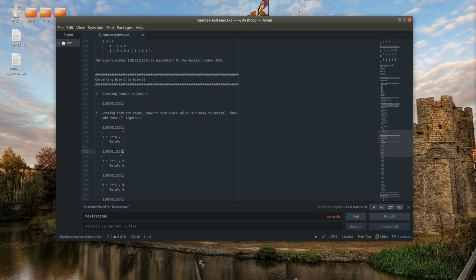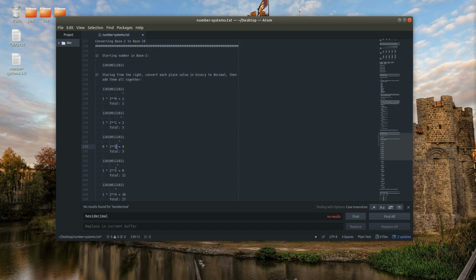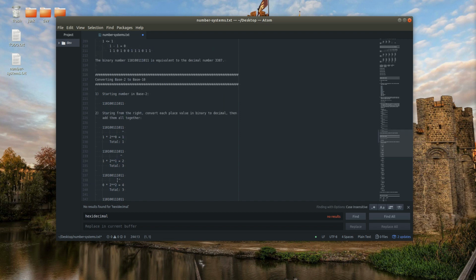So each time we switch positions, we're incrementing the power. Okay, so we've got a total of 1 here. We move to the 2's place. 1 times 2 to the first is 2. Add it up to our previous total. 2 plus 1 is 3.